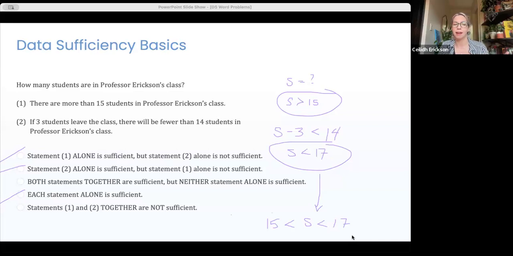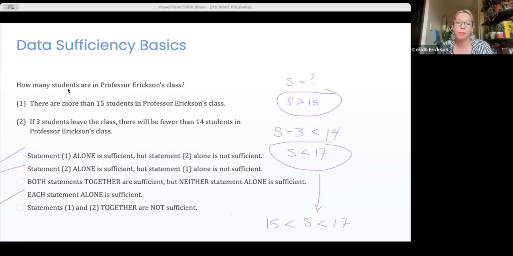But I'm actually seeing a lot of you in the chat saying that that actually was enough. How is it possible that an inequality is enough to answer a value question? Well, students have to be integers, right? You can't have half a student. You can have students who are half paying attention, but that's not the same as having a half student, right?